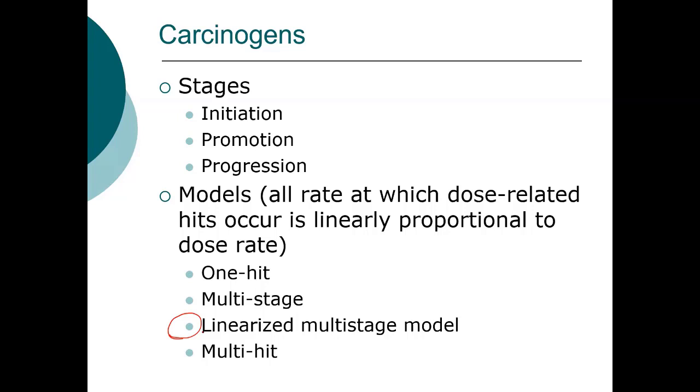Think of it that way. And then multi-hit says that there has to be a certain number of hits. So for instance with UV, you have to have a certain number of times where the DNA is exposed to UV radiation before you see an effect.